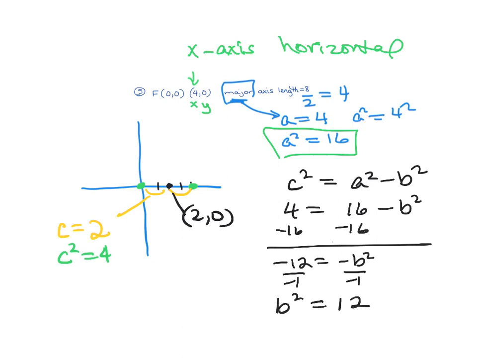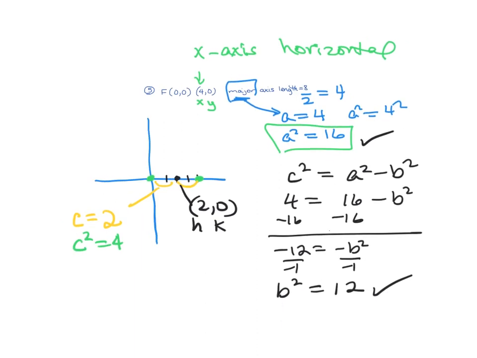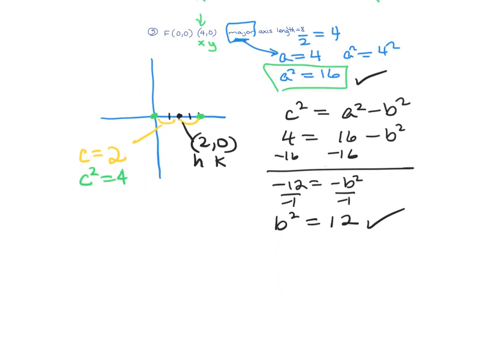Again, I'm not square rooting because, remember, you want a squared and b squared, and then your h and your k. So now that I have the 4 pieces that I need to plug in, again, remember your major axis was the x-axis. So again, this is the equation I'm using. My a squared is underneath the x minus h squared. Let me fill everything else.